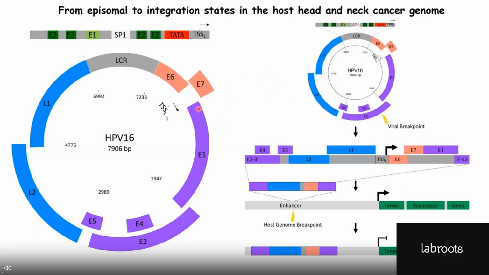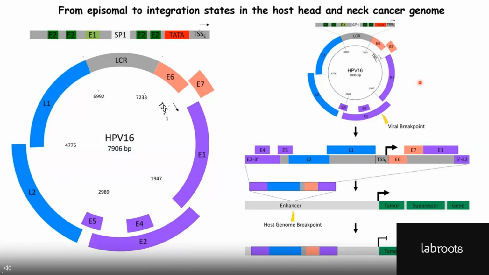However, this episomal genome integrates into the host, and the way it integrates is typically through the E2 or E1 region, and linearizes and integrates into the host and eventually becomes part of the host machinery during cell cycle and so on.